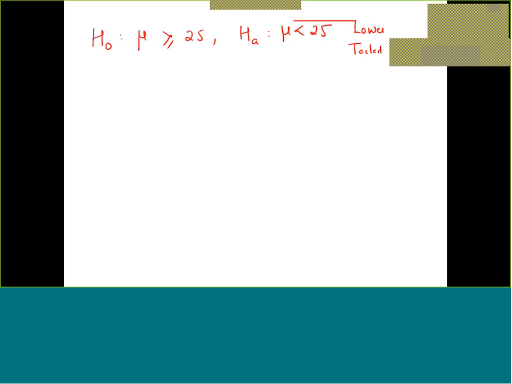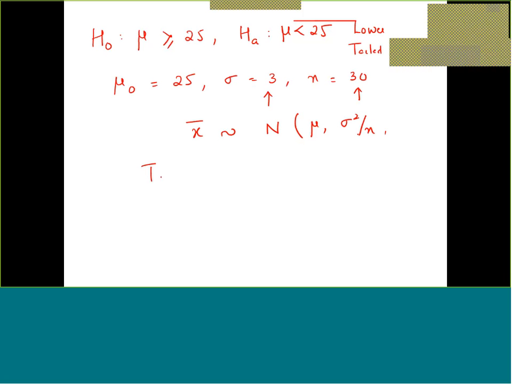What else we have given in the question? We have mu naught is 25. Correct? We have sigma is 3 and we have n is 30. Because this is known and this is somewhat large sample, your x bar follows normal distribution with mean mu and variance sigma square by n.